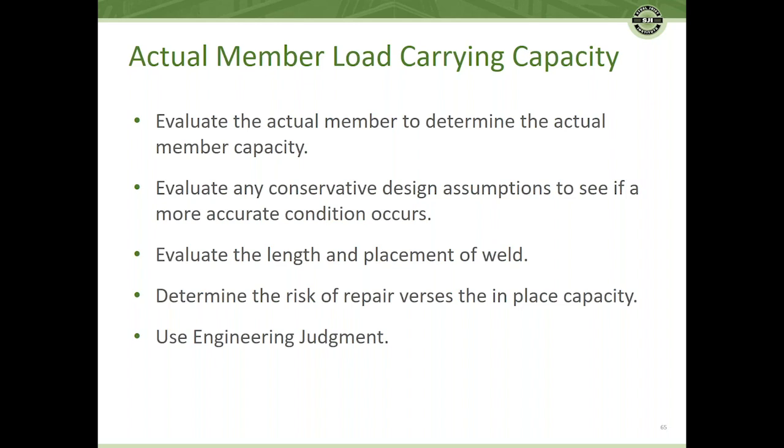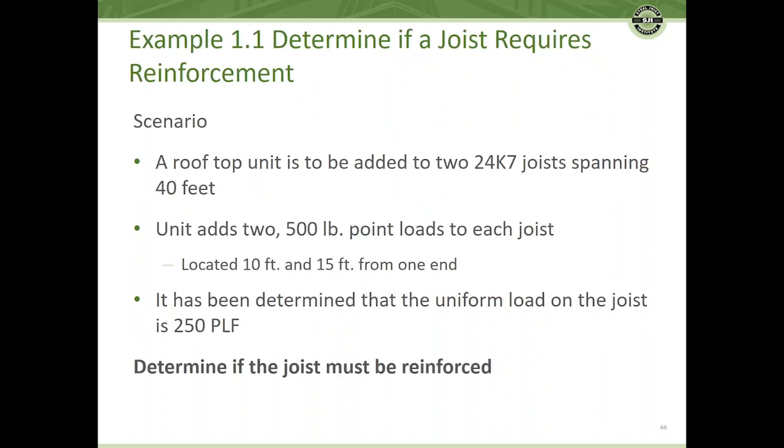I showed in that one picture where they'd done some repairs, and it was actually worse than not doing anything at all. So sometimes we need to evaluate the risk of doing a repair and whether it will actually help us or not help us. And then, of course, using engineering judgment.